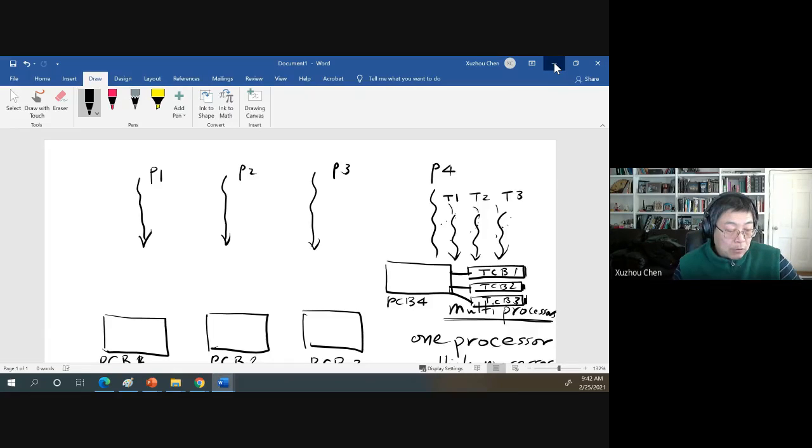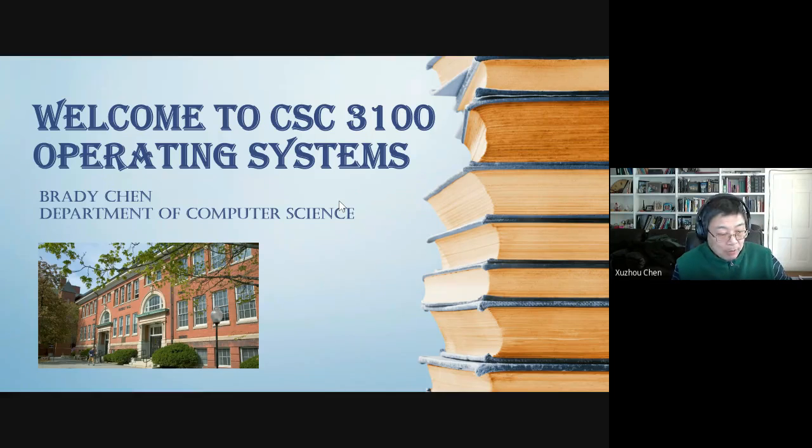Now, back to the next chapter, chapter 3. Because we have multiple processes and multiple threads, we need to manage all these processes. We need to manage the executions of these different processes.